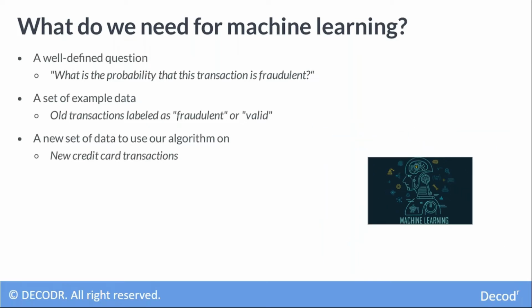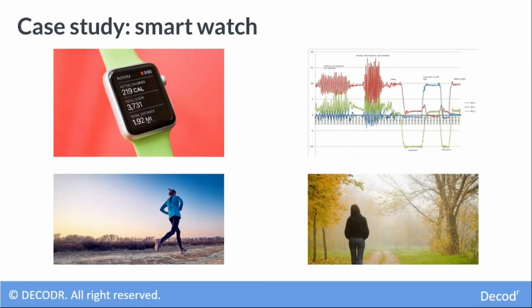Now, suppose you are trying to build a smartwatch to monitor physical activity. You want to be able to auto detect different activities such as walking or running. Your smartwatch is equipped with a special sensor called an accelerometer that monitors motion in 3 dimensions.